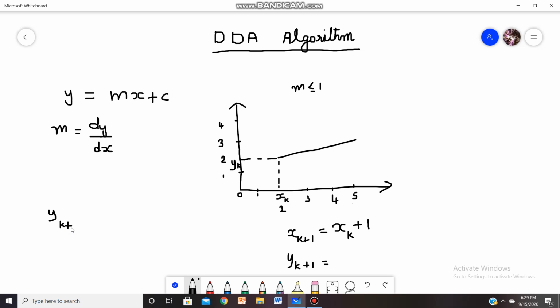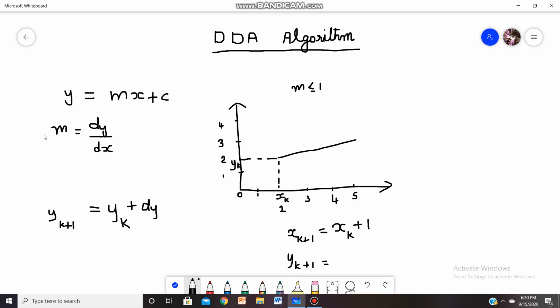I don't know the quantity. Here I know that there is a unit increment, but here I don't know what quantity is to be added. Before calculating that, I am adding a small value, which is termed as delta y or dy. So now I know only this thing: yk plus 1 is equal to yk plus dy.